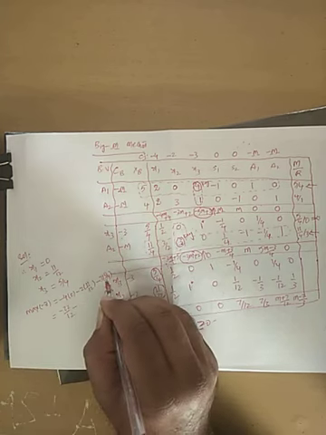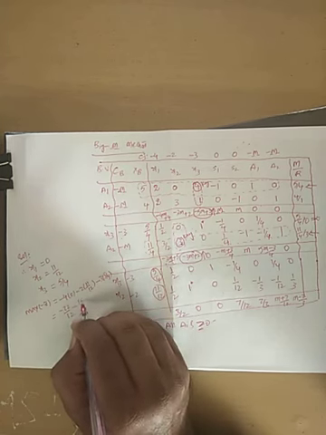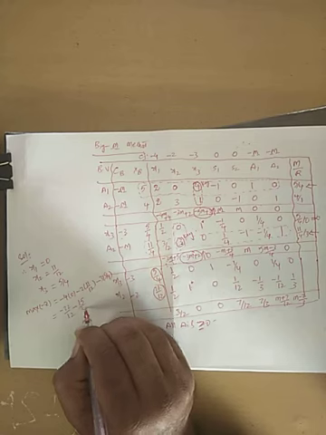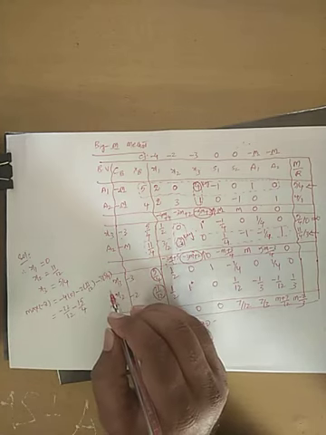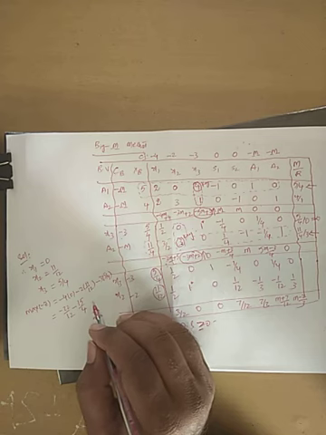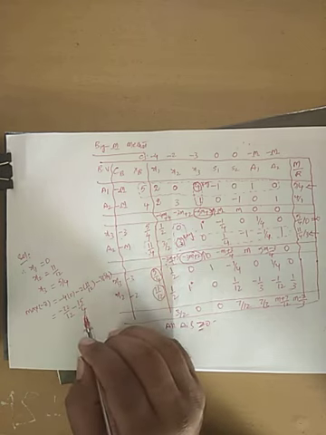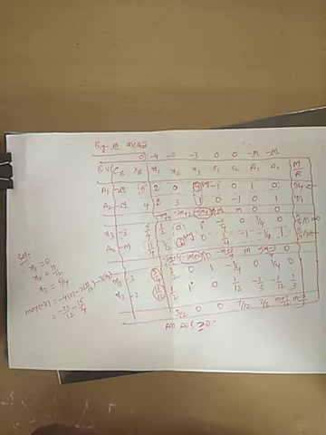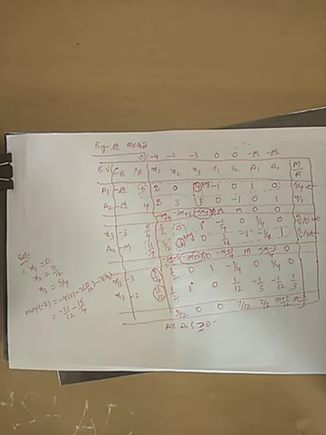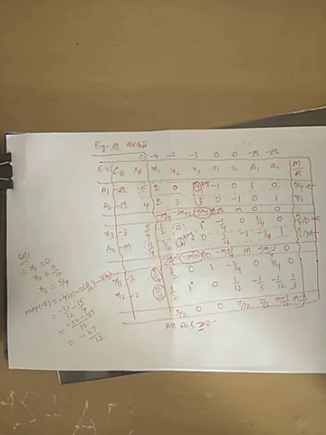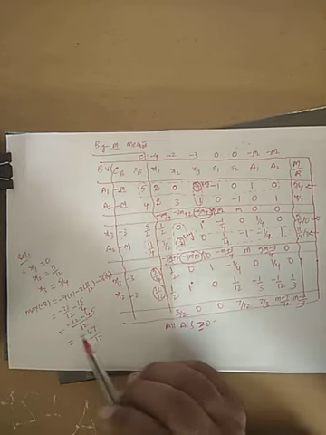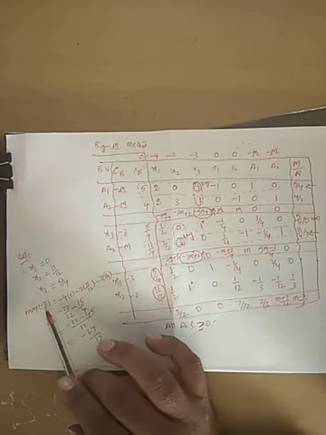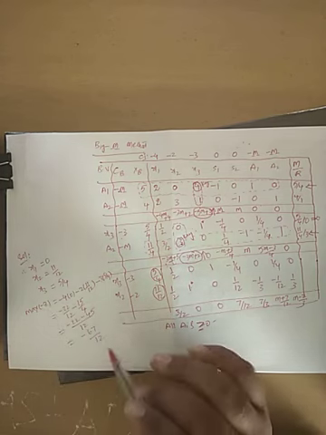Now minus 15 by 4. So what is the answer you are going to get? Max minus z is equal to minus 67 by 12.